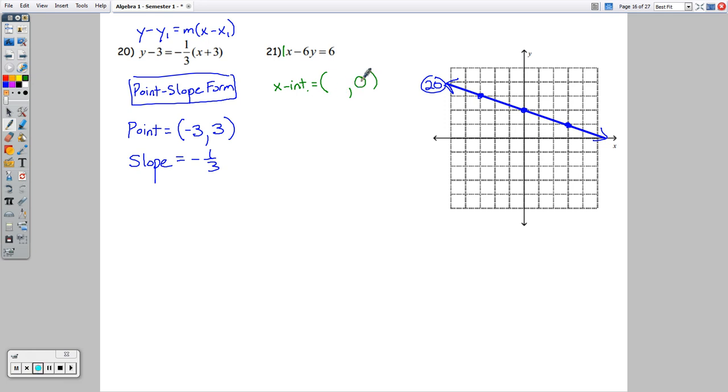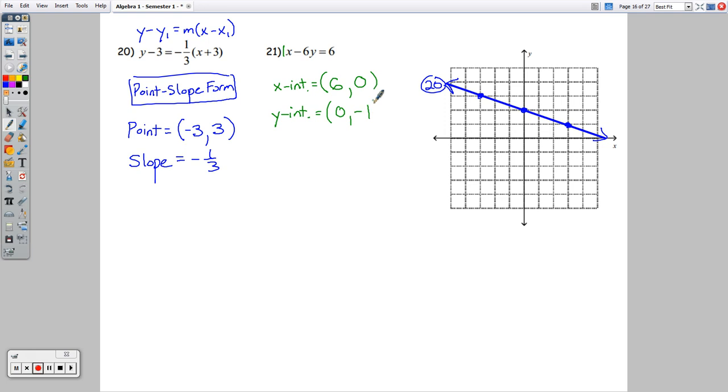So this would be y value of 0. If the y is 0, this part drops out. 1 times 6 is 6. So that would make 6, 0 the x-intercept. The y-intercept would be where x equals 0. So that part would go away. Negative 6 times negative 1 is positive 6.